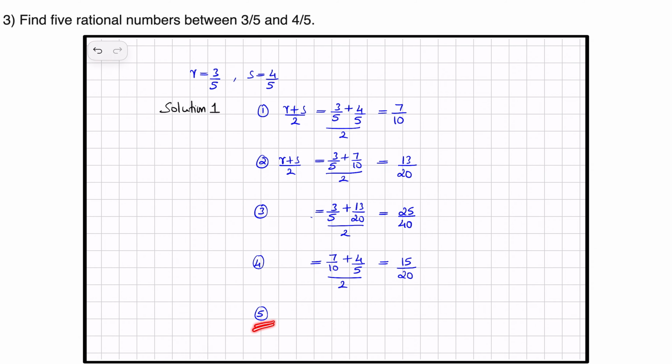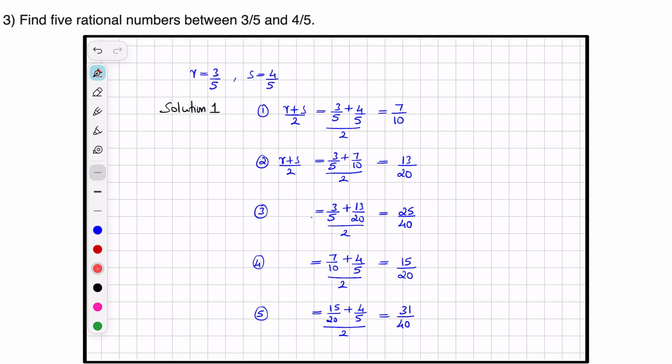For the fifth number, I will use r as 15 by 20 and s as 4 by 5. So we can write it as (15 by 20 plus 4 by 5) divided by 2, and if you calculate, you will get 31 by 40. So we have 1, 2, 3, 4 and 5 rational numbers between 3 by 5 and 4 by 5.